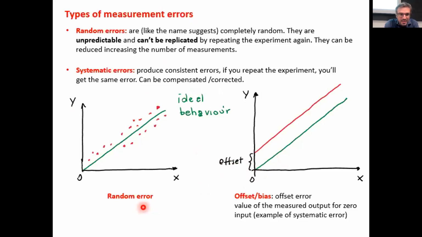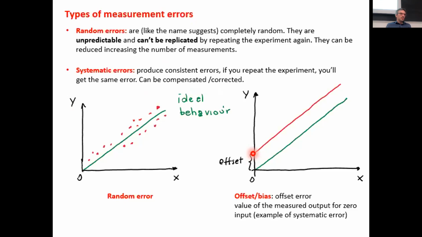An example of systematic error is the offset or bias, which is the value of the output for zero input. So let's say we want to measure force. We don't apply any force, and we see a 0.1 volt reading.